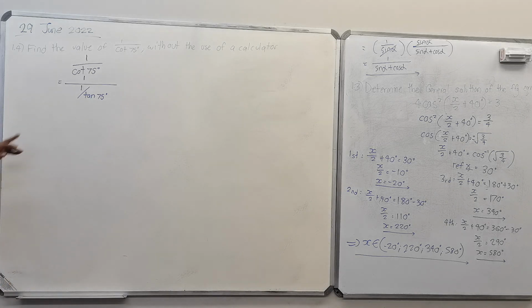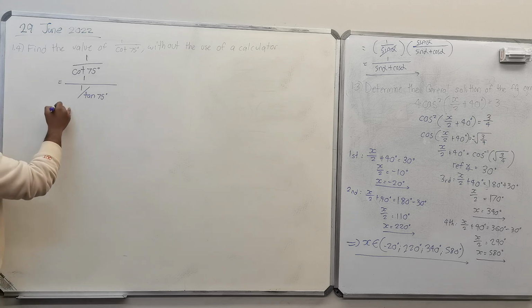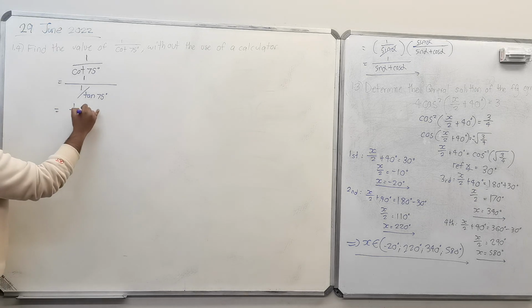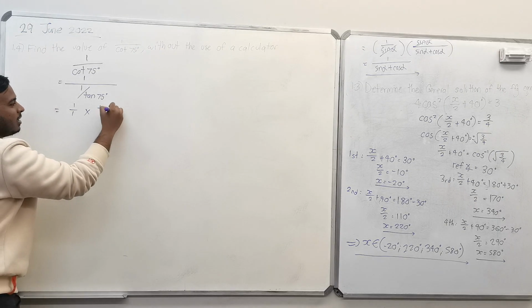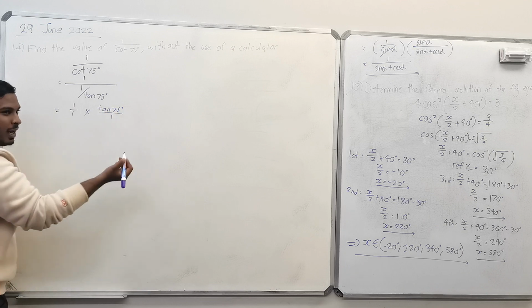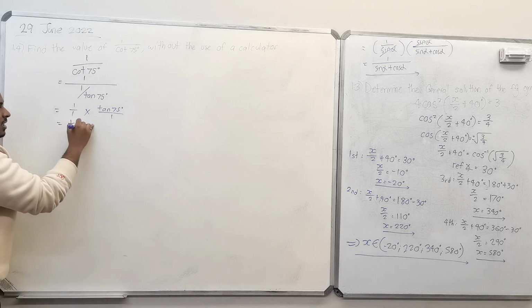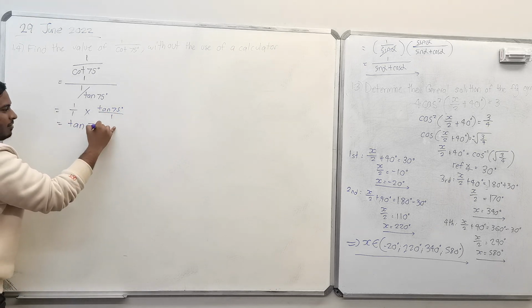What is this? It's just tan 75. Why is it tan 75? It's a fraction over a fraction. You can't have a fraction in the denominator, so you multiply by the inverse. Then you end up with 1 over 1 times tan 75 degrees over 1, which is just tan 75 degrees.